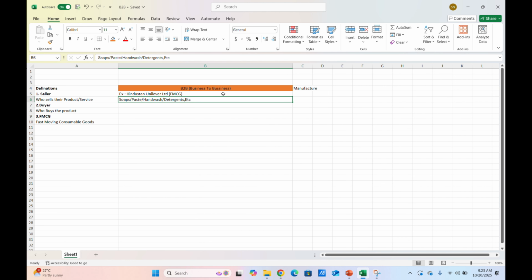Whenever we require a paste or a hand wash or something, do we directly buy it from the manufacturer? No. Normally, whenever I require a soap, I go to the grocery shop nearby and buy from there only, or sometimes I buy it online. So what do we call them, and what are they in terms of ERP, in terms of B2B? That is my question.